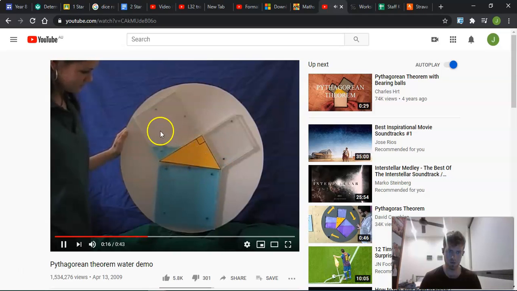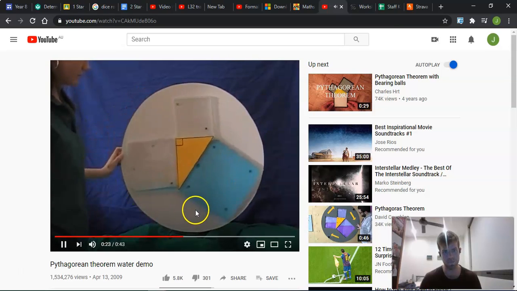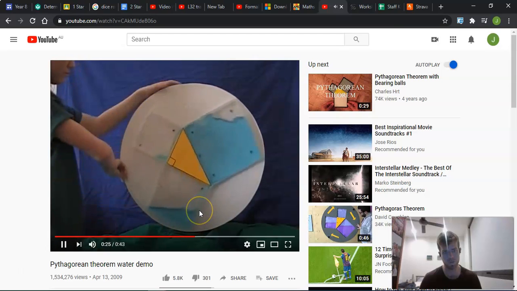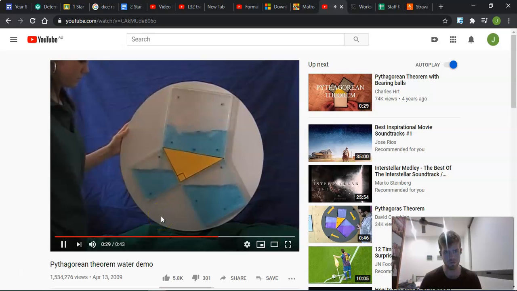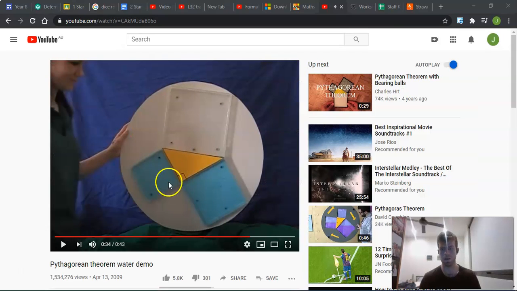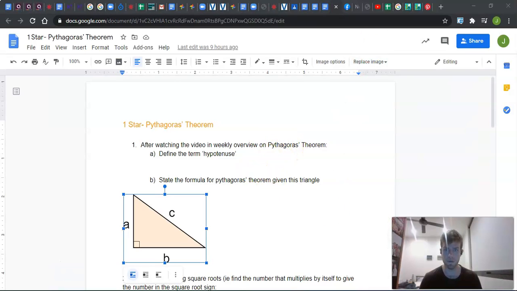As we pour the liquid in, we see the area of those two small squares fits perfectly into the largest square. And then you can see the reverse is also true. Fantastic. That's a good visualization to help you remember this rule.